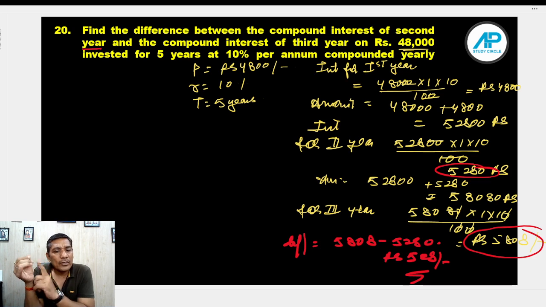We don't need to find the value of interest for the fourth year or fifth year. It is not required in this question. They might give you time for 5 years or 7 years, doesn't matter. You just need the interest for the second year and the third year. So in your answer, mark these values in a ring, find the difference and get the answer from there. I hope the question is clear to you.